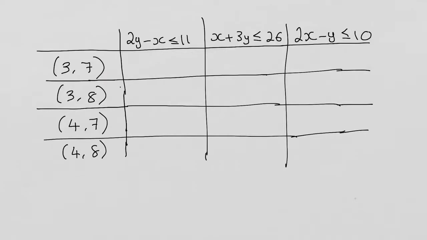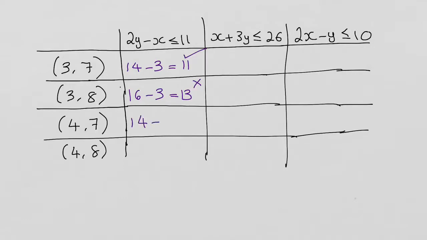This is a slightly different table to the one I used last lesson because I've got more space. So I've actually written in what the inequalities are. If I put 3, 7 into the first one, I get 14 take away 3, that equals 11, so that one works. If I do it for 3, 8, I get 16 take away 3 equals 13, that one doesn't work.